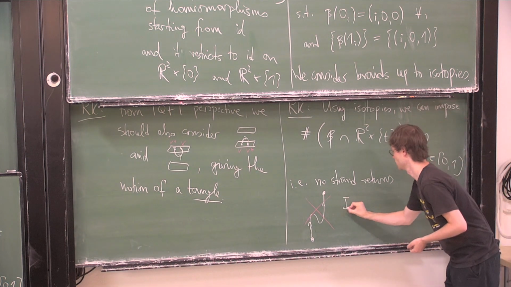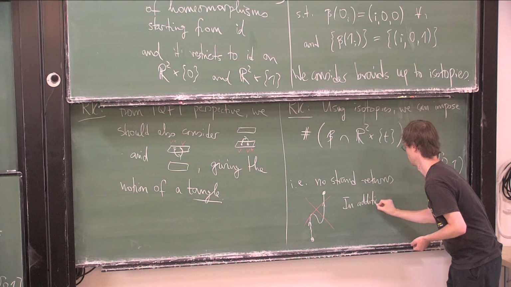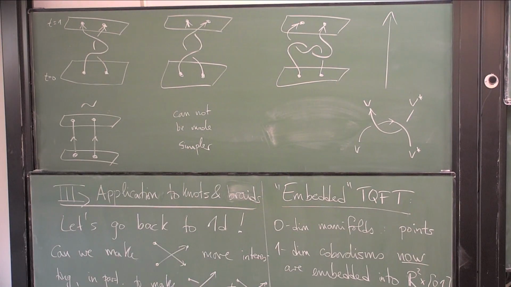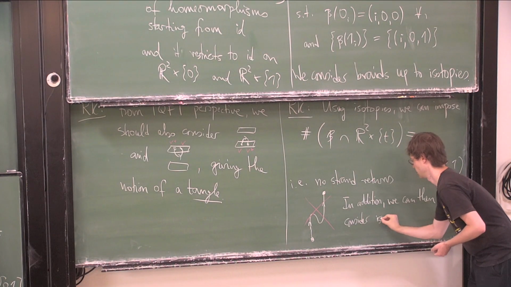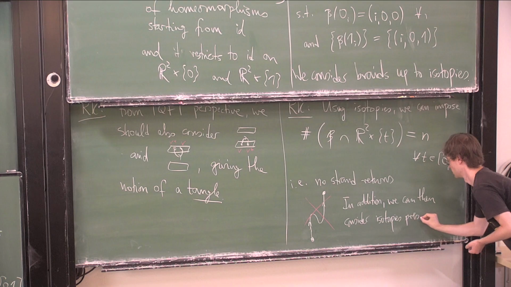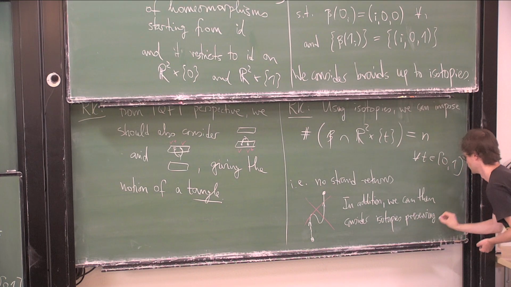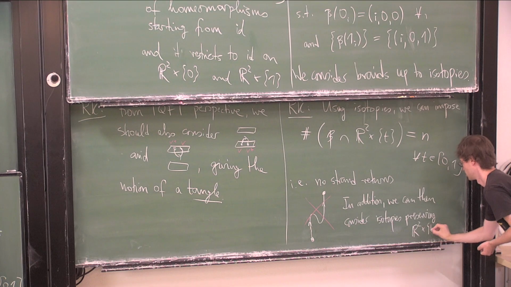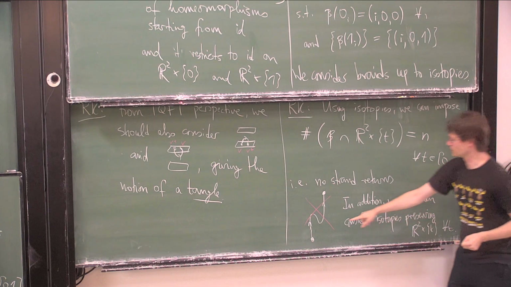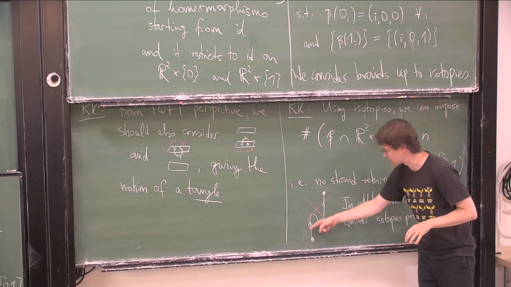In addition, we can then consider isotopies preserving R2 cross T. Because you could imagine that you have a braid in this nice form, where particles just move, and maybe there is some isotopy which forces you at some intermediate stage to have this.